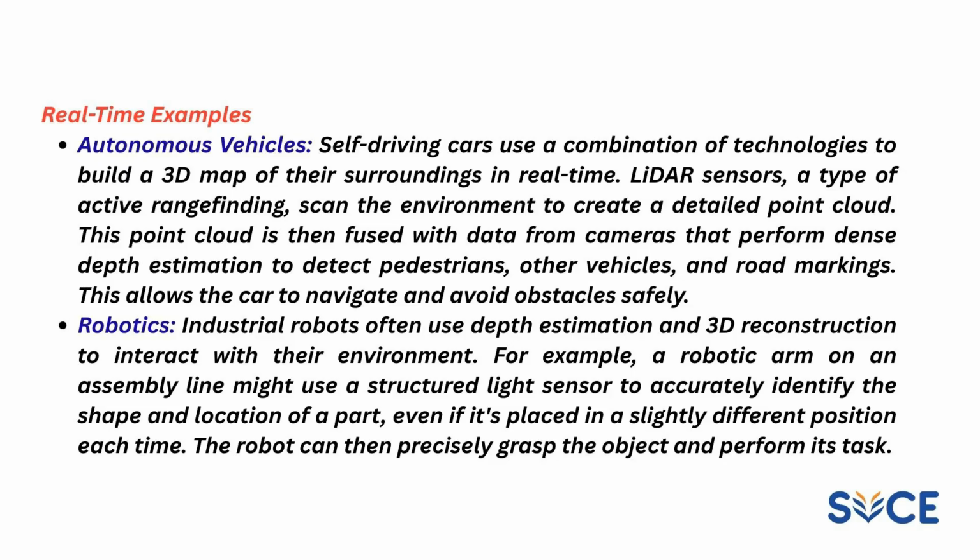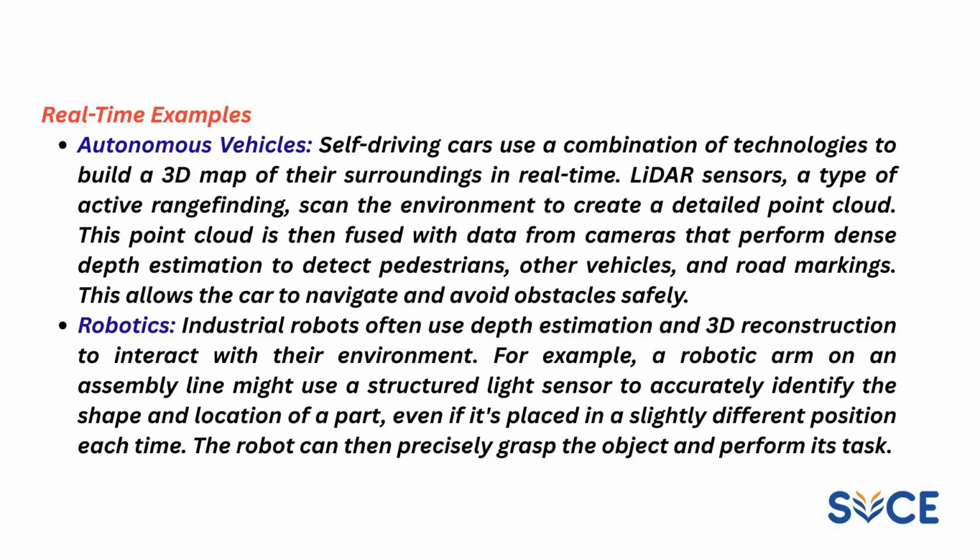The second one is robotics. In factories, robots need depth perception. Imagine a robotic arm on an assembly line. Each part might not be in exactly the same spot every time.